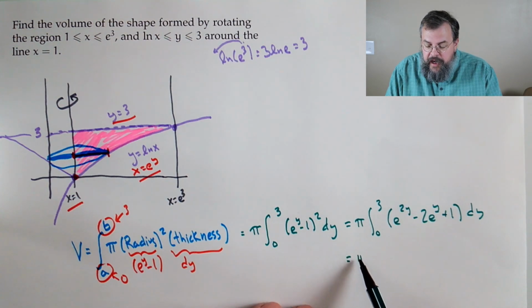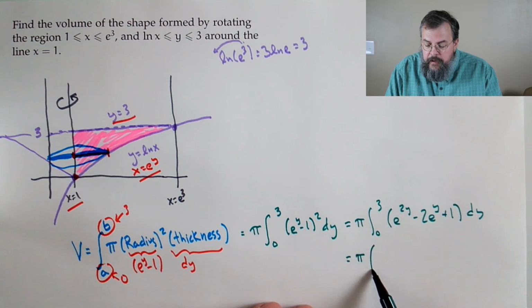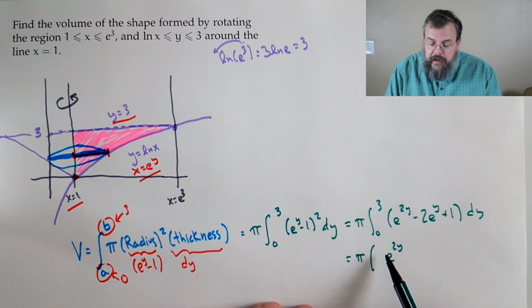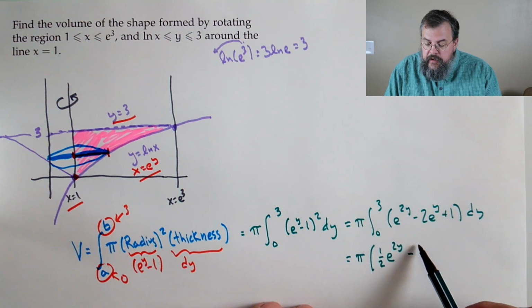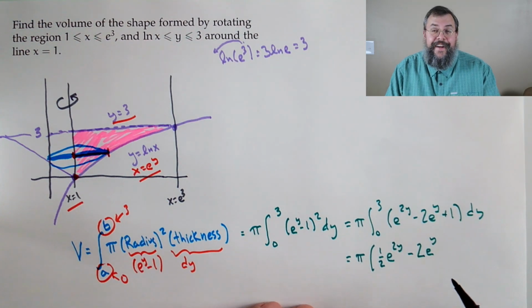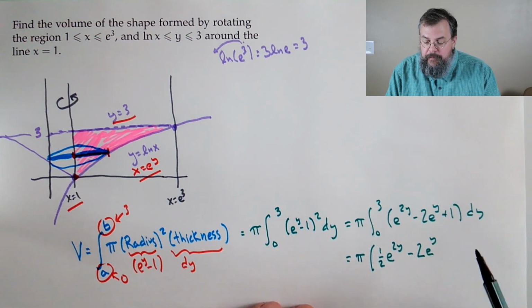So this would be pi, the integral of e to the 2y. We're going with respect to y. Well, it's e to the 2y, but you have to account for the 2 on the inside, so that's a half. Then minus 2e to the y. Well, that's the nice thing about integrating e to the y: the integral of e to the y is e to the y, just like the derivative of e to the y is e to the y.